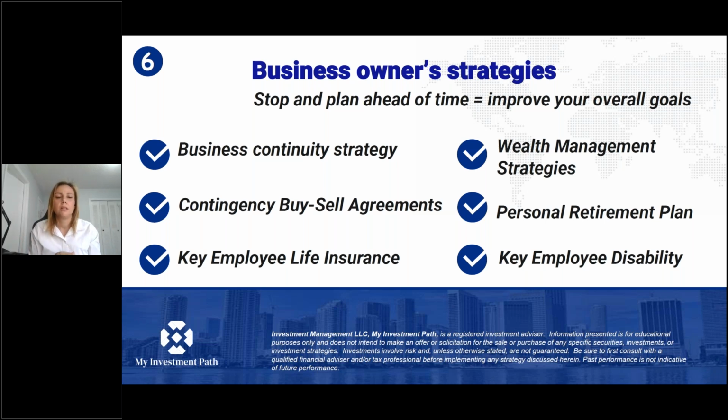Contingency buy-sell agreements set up a valuation method so that if anything happens to any of the 3 partners, 4 partners, or whatever, the price of the company is going to be set as X amount with this formula. It takes the balances or the recurring revenue or the client list or the branding.